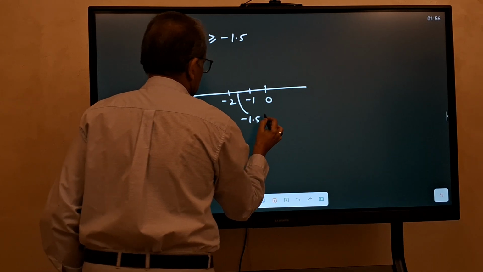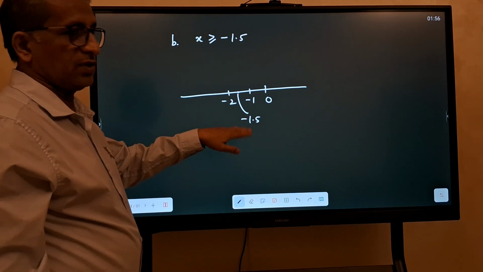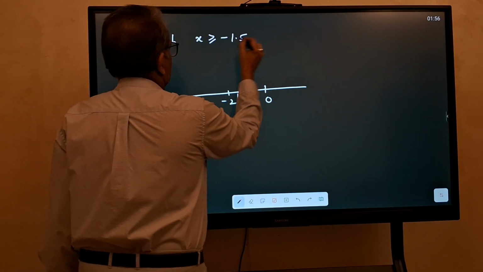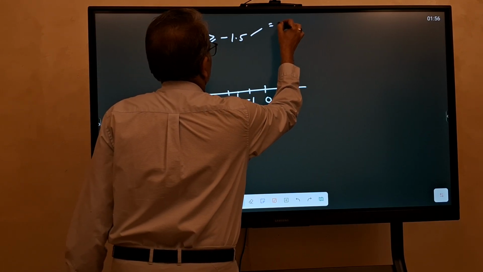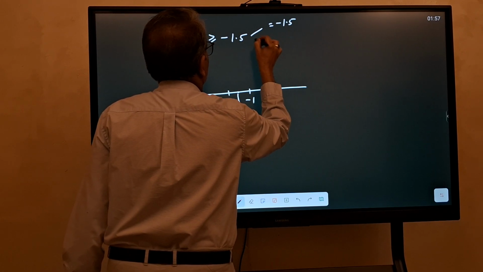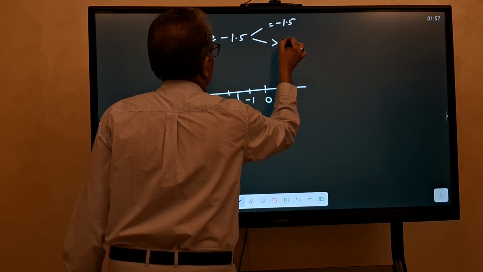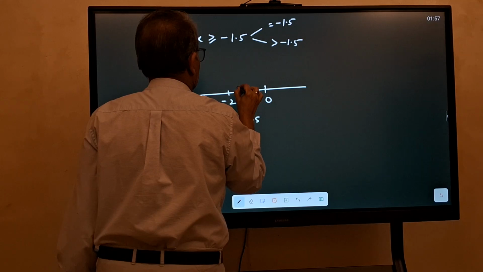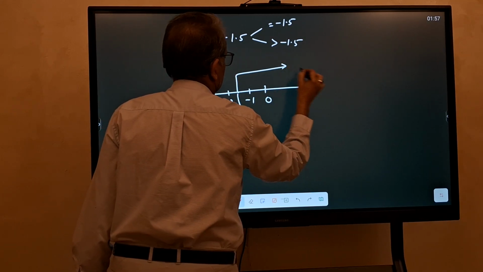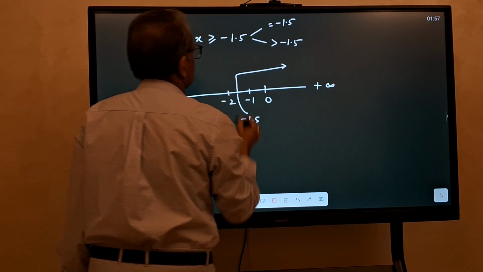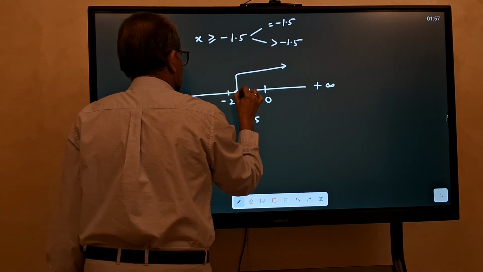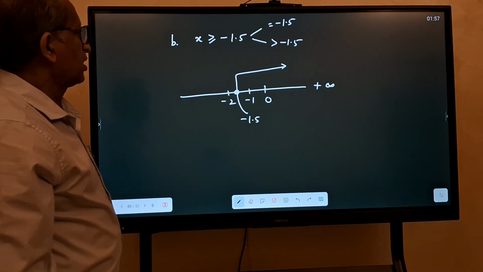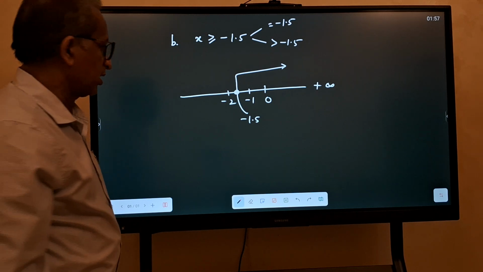Minus 1.5 is between minus 1 and minus 2. We have equal to minus 1.5 and also greater than minus 1.5. Greater than means I go on the right side, toward plus infinity. Equal means I fill the circle. So this is the graph of this linear inequality.